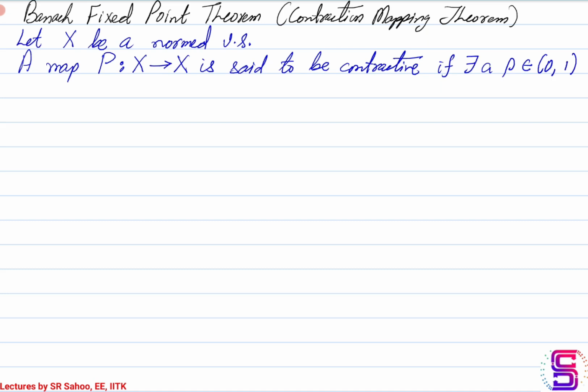So rho is a finite positive constant in the interval 0 to 1, but not 0 and not 1.